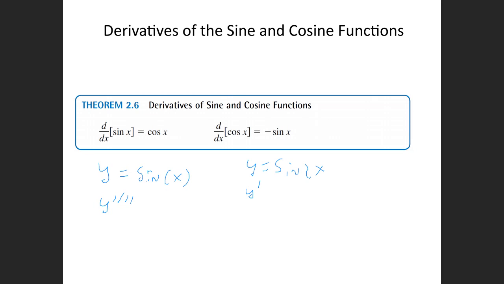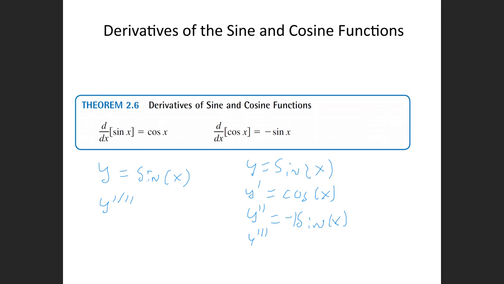First derivative, well, the derivative of sine of x is cosine of x, isn't it? So now I'm going to take the derivative of cosine of x. Well, we already said the derivative of cosine is negative sine, right? So now there's really a -1 in front of here. So now what is the third derivative of sine of x?